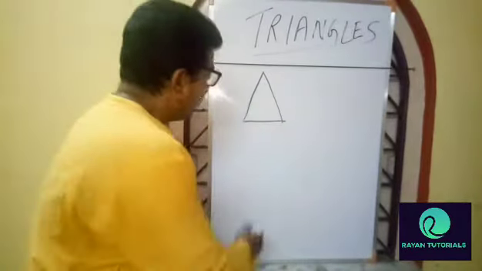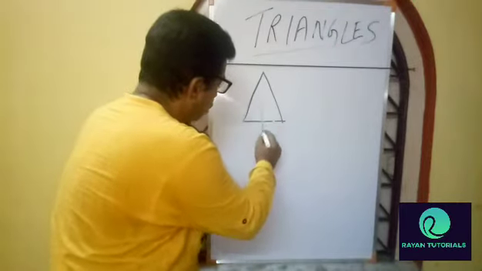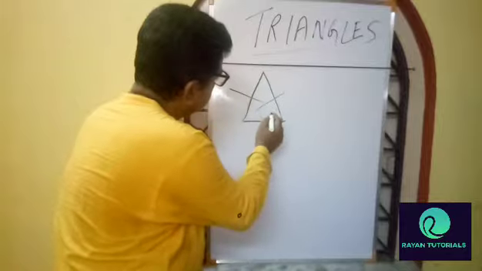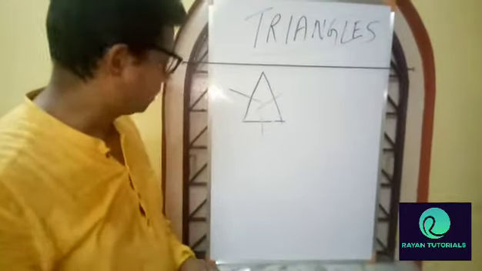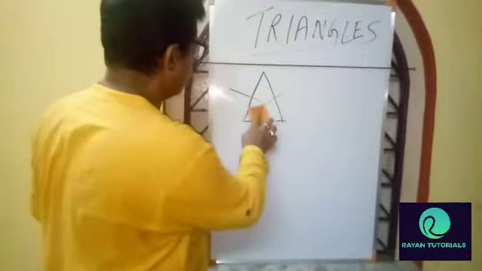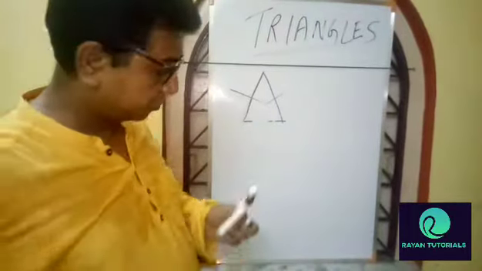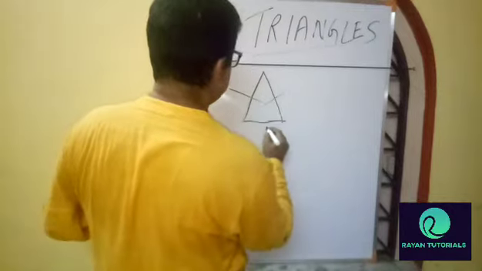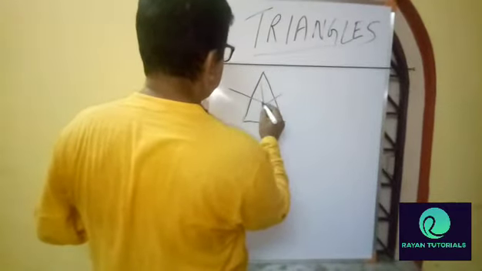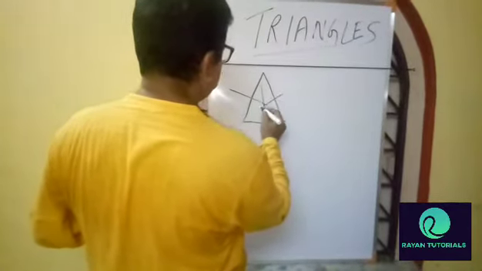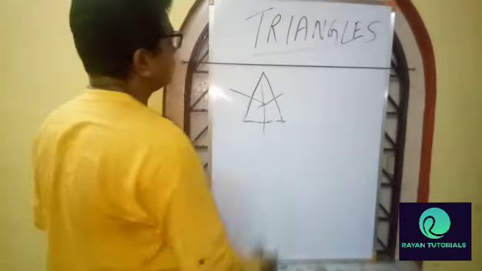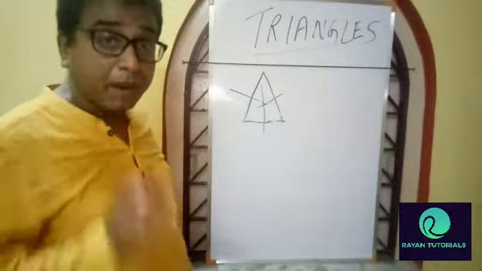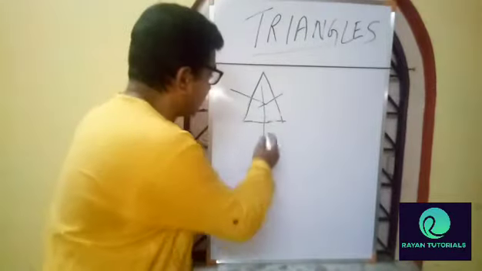Okay. Next, circumcenter. Just draw the perpendicular bisectors. Just bisect this line. You know how to bisect, right? Perpendicular bisector.